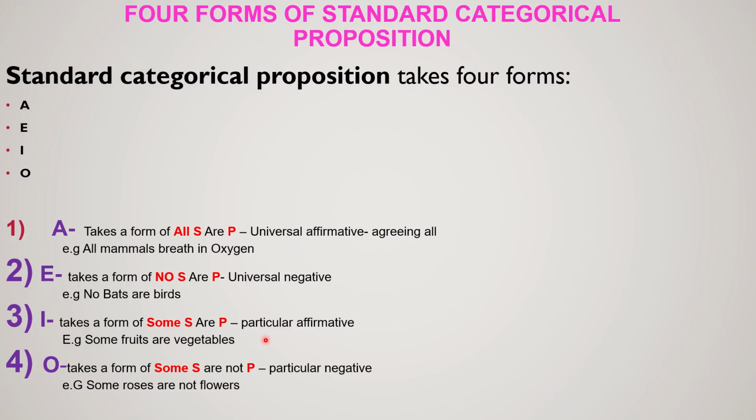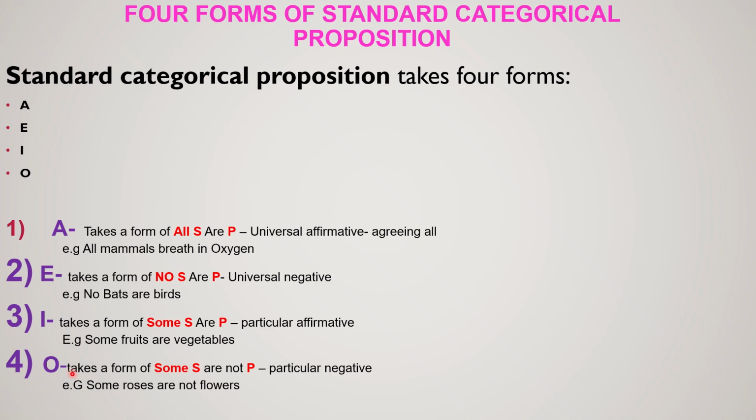For example, when you say some fruits are vegetables, it means not all fruits are vegetables, but a certain percentage or a certain number of fruits are vegetables. So propositions or premises that take the form of "Some S are P" are grouped as I when it comes to the four forms of standard categorical propositions.